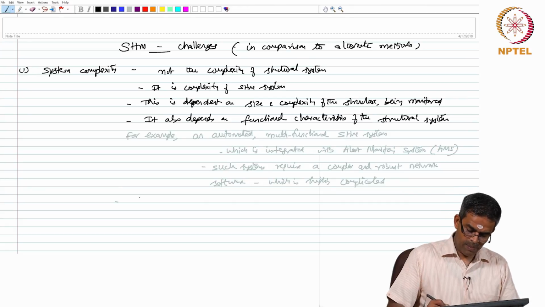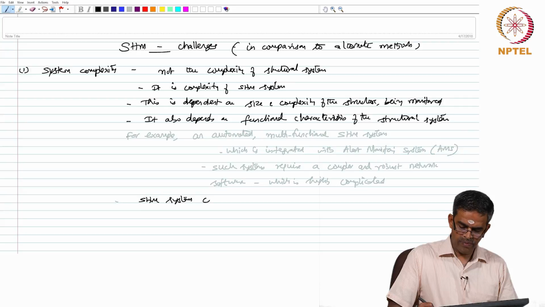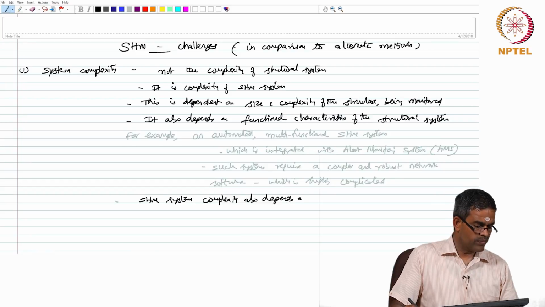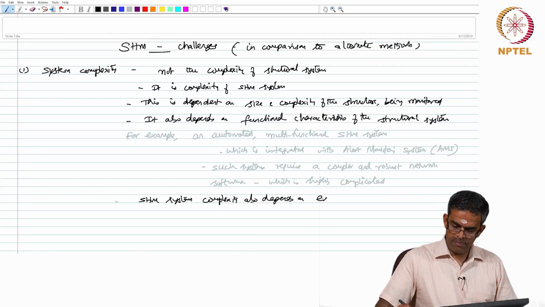The SHM system complexity also depends on the expected remaining service life of the structure.